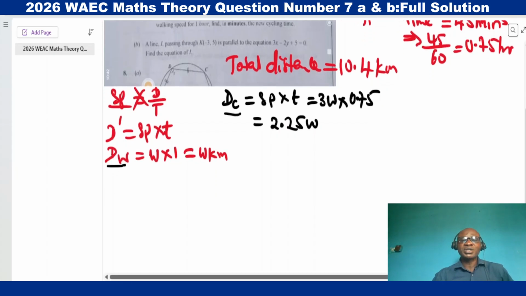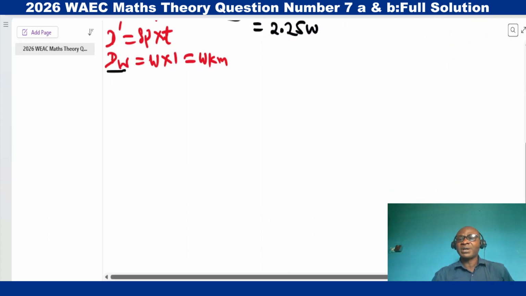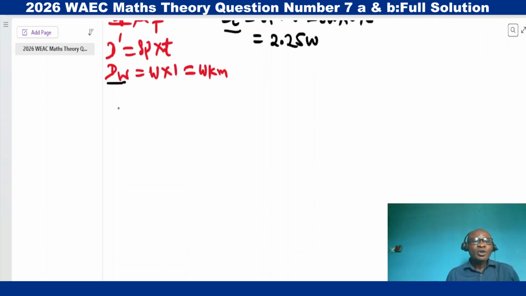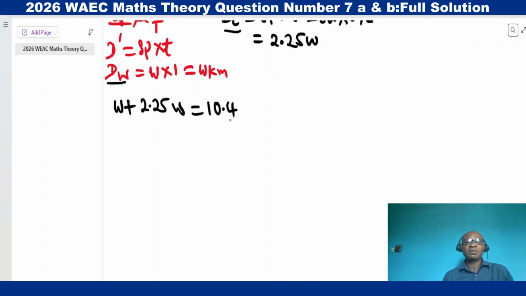Remember, W represents the walking speed. So I am going to write the equation W plus 2.25W should be equal to 10.4, because the total distance covered was 10.4.